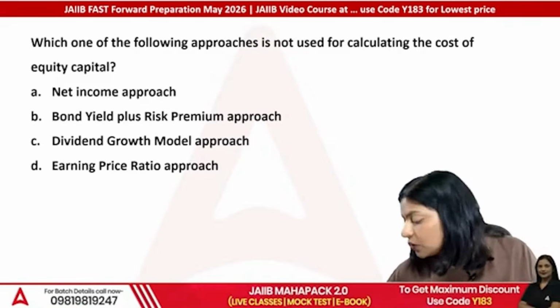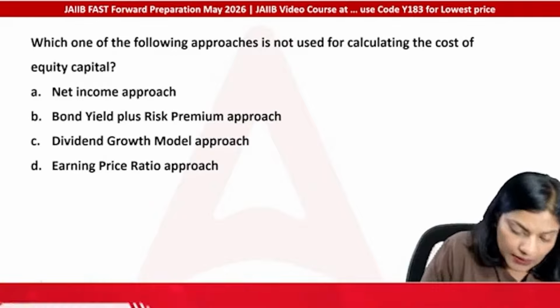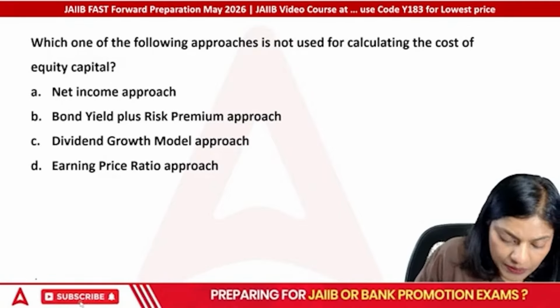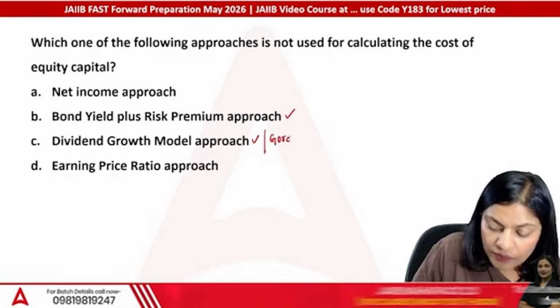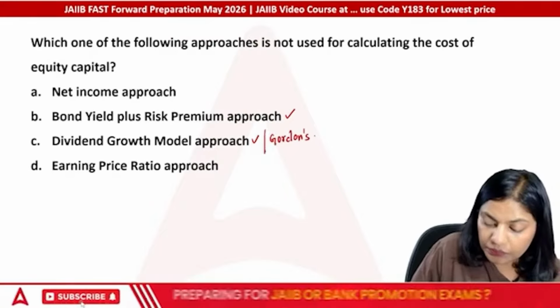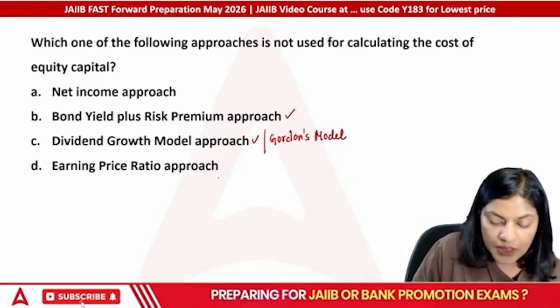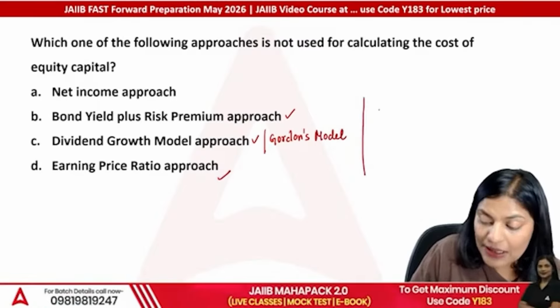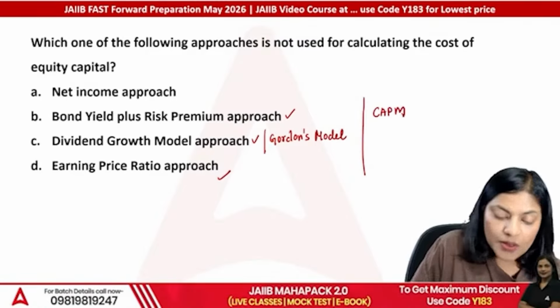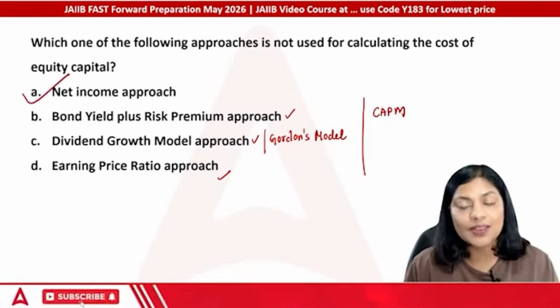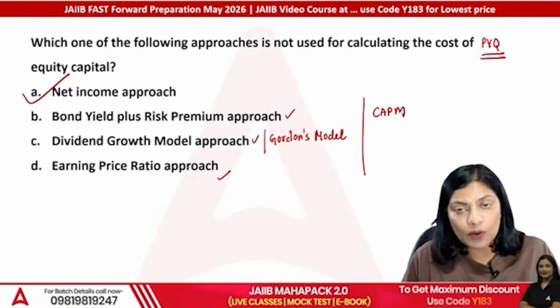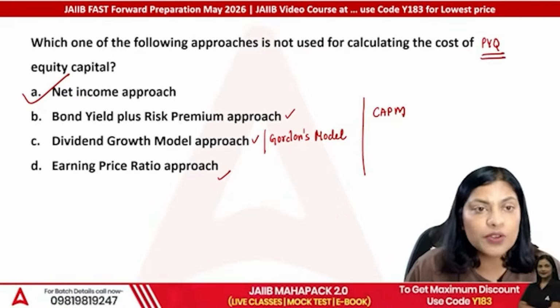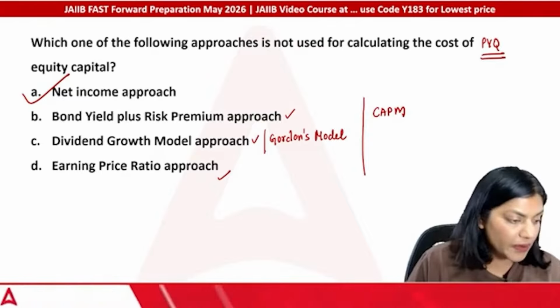There are 4 methods: bond yield plus risk premium approach, dividend growth model, also called Gordon's model, earning price ratio approach, and CAPM, that we did right now. So which is not? Net income approach is not a part of it.